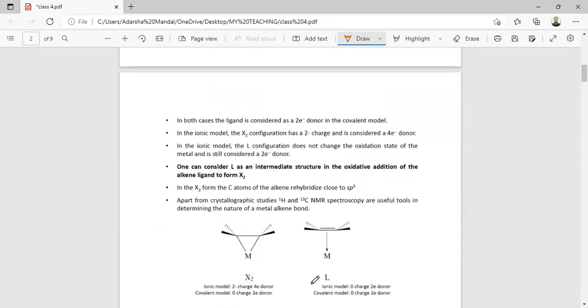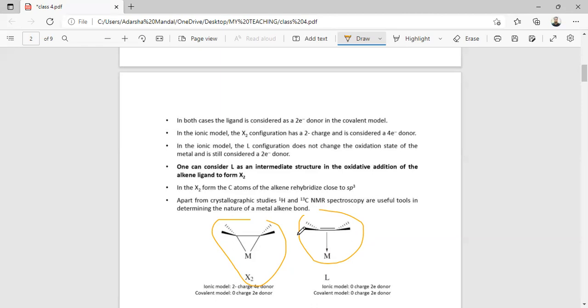Next we should know the coordination modes of metal olefin complexes. A metal olefin complex can bind in two ways: one is the L-type mode and another is the X2-type mode.